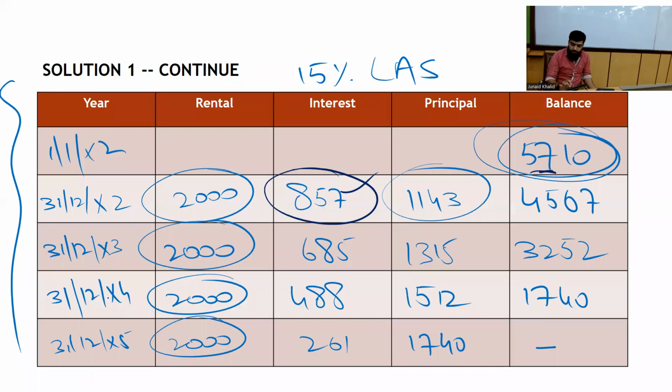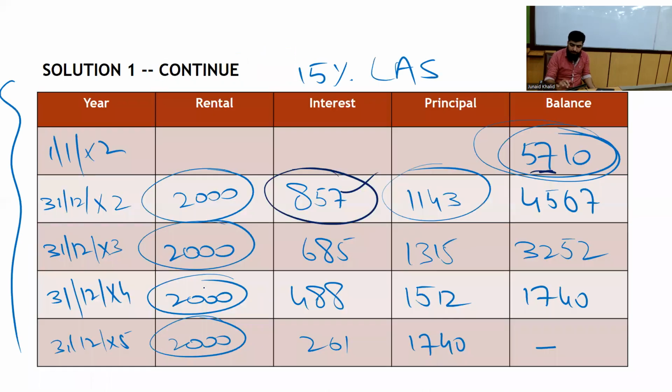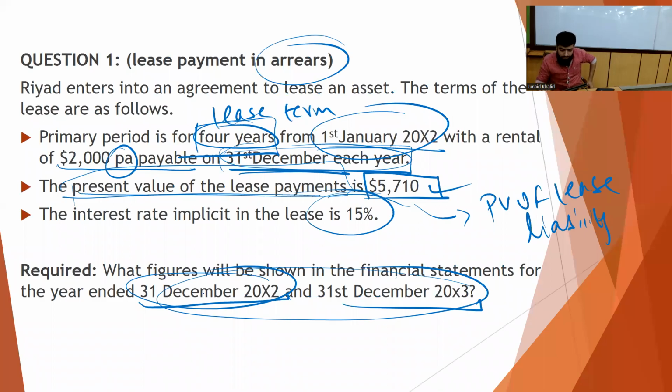And how to calculate the depreciation expense? Depreciation expense is the right of use asset divided by life. The amount of the right of use asset was 5710. Let's recall the question: the lease agreement is for 4 years, and the life of the asset is not given.